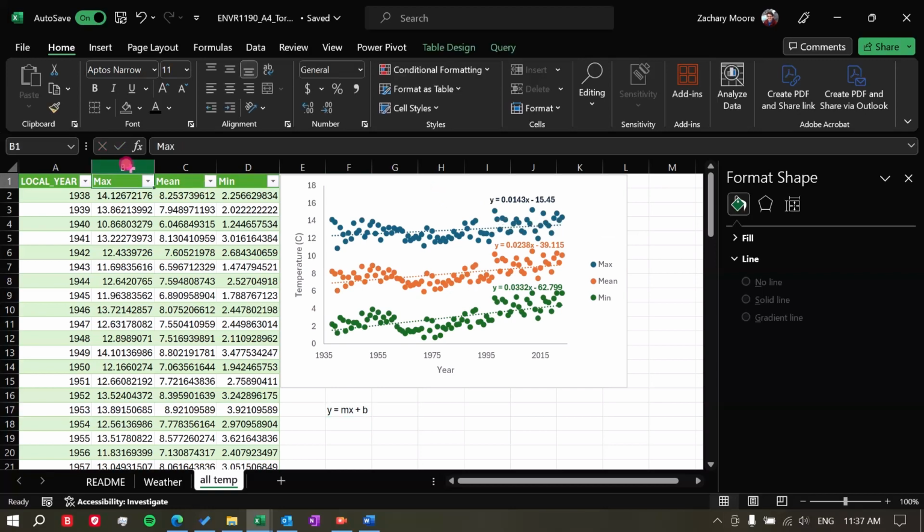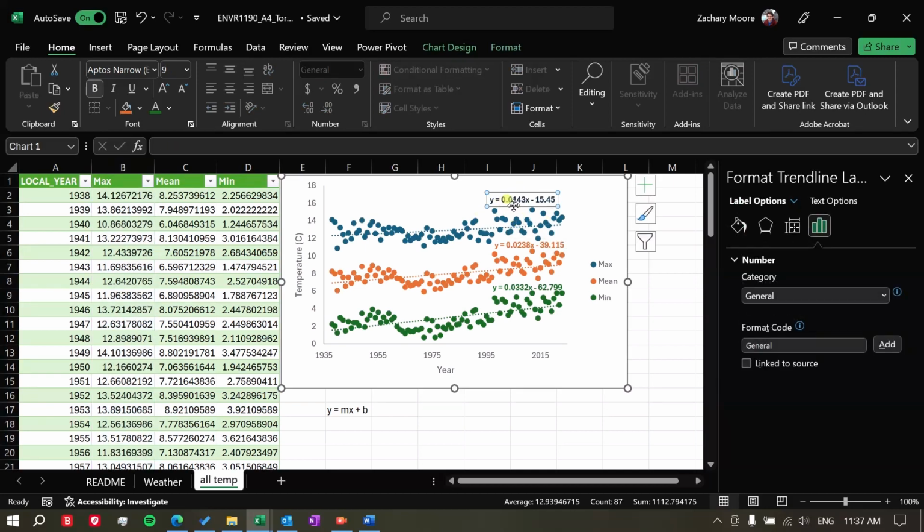But what each of these equations is telling you is that y, which is our dependent variable, is equal to some number, some slope, times x, which is our year. What this number, our slope, is telling us is how much temperature increases with each year increment according to this line.